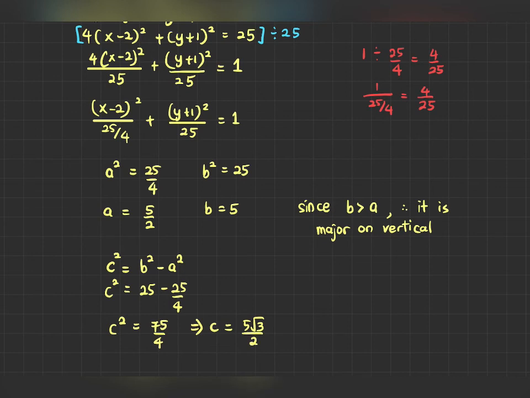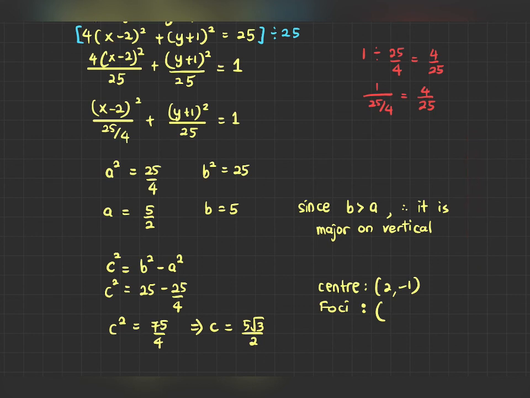Okay, so our center will be at 2, -1. So dapat daripada sini ya. Okay, 2, -1. And then our foci, so dia major on vertical. See, major on vertical, bentuk dia tegak macam ni. Okay, so value of x kita sama, y kita yang berubah.